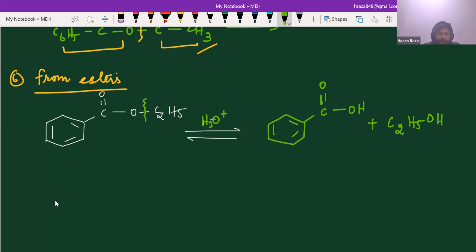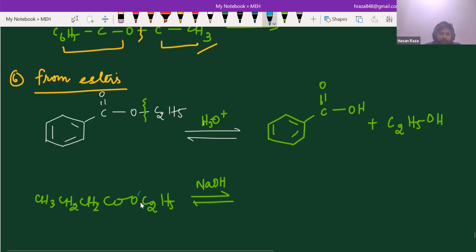There is another method to prepare carboxylic acid from ester. That is, if you have CH3CH2CH2COOC2H5, and you react this with alkali, that means NaOH, sodium hydroxide, then this will be broken and Na will go with oxygen.